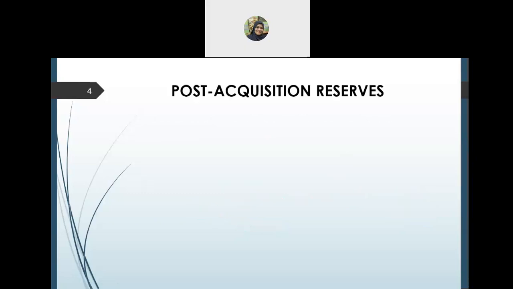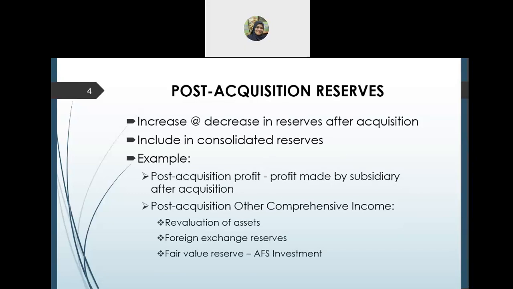Next, you have post-acquisition reserve. Post-acquisition reserve is an increase or decrease in reserve after the acquisition, included in the consolidated reserve. Since it is a reserve after the acquisition, the parent is entitled to it, so we include it in the consolidated reserve.